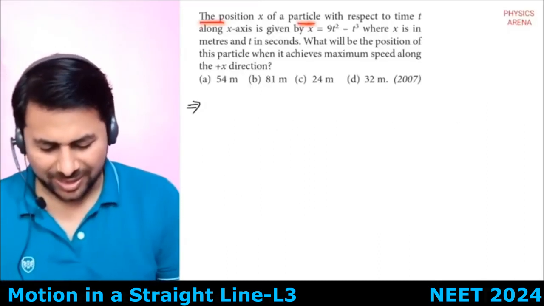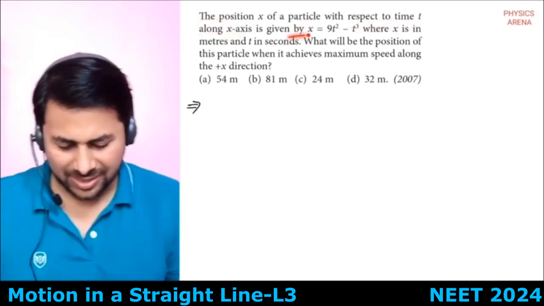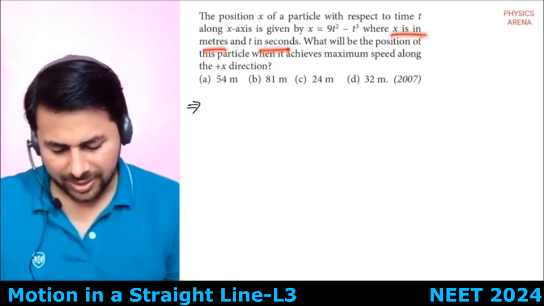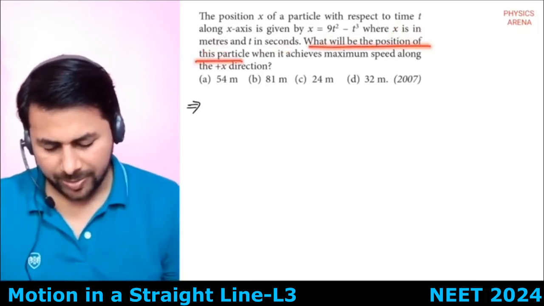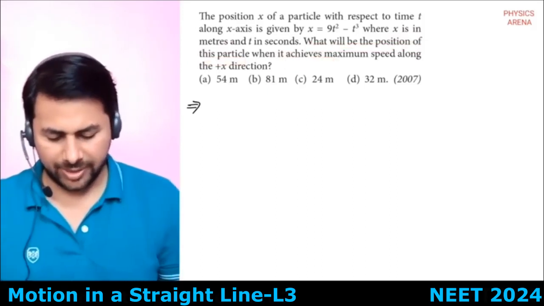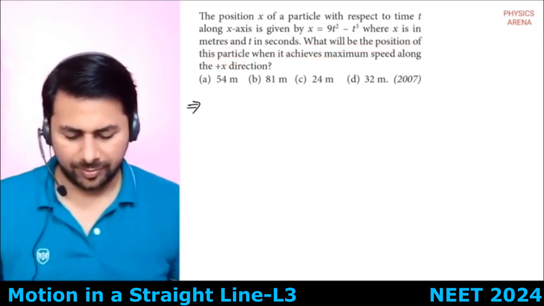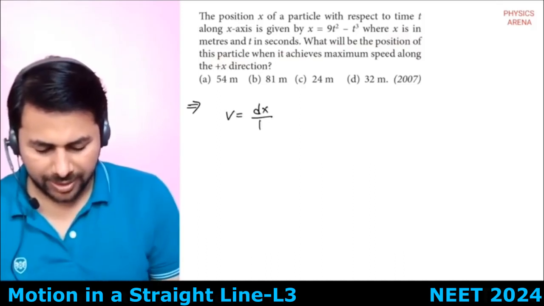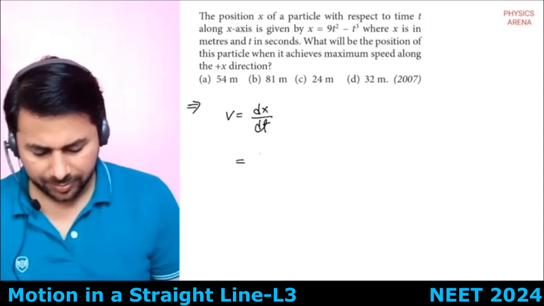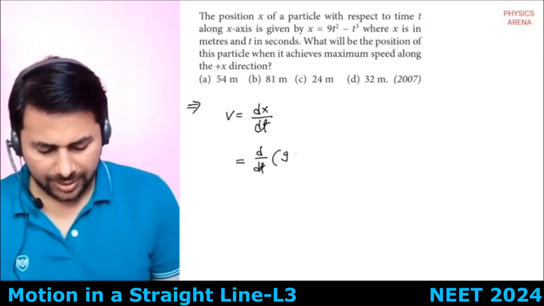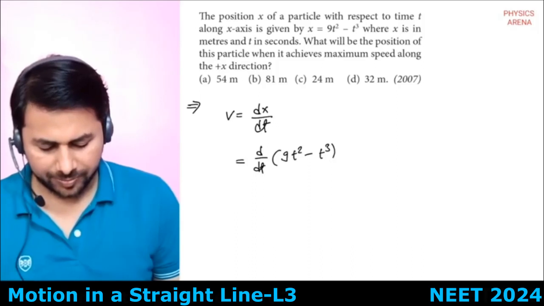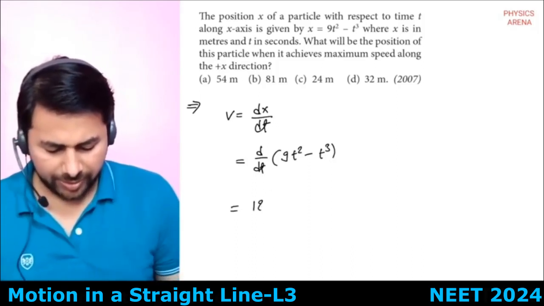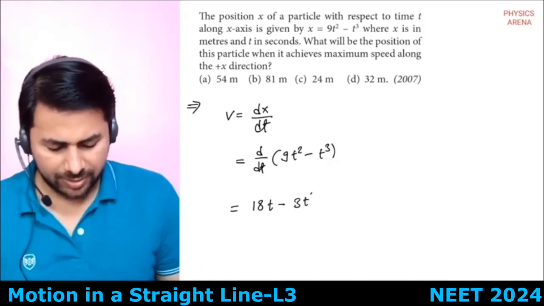The position x of a particle with respect to time t along the x-axis is given by x is equal to 9t square minus t cube, where x is in meters and t in seconds. What will be the position of this particle when it achieves maximum speed along the x direction? First of all, let's find the speed, which is dx by dt, equal to d by dt of 9t square minus t cube. The derivative of t square is 2t, so it will be 18t minus 3t square.